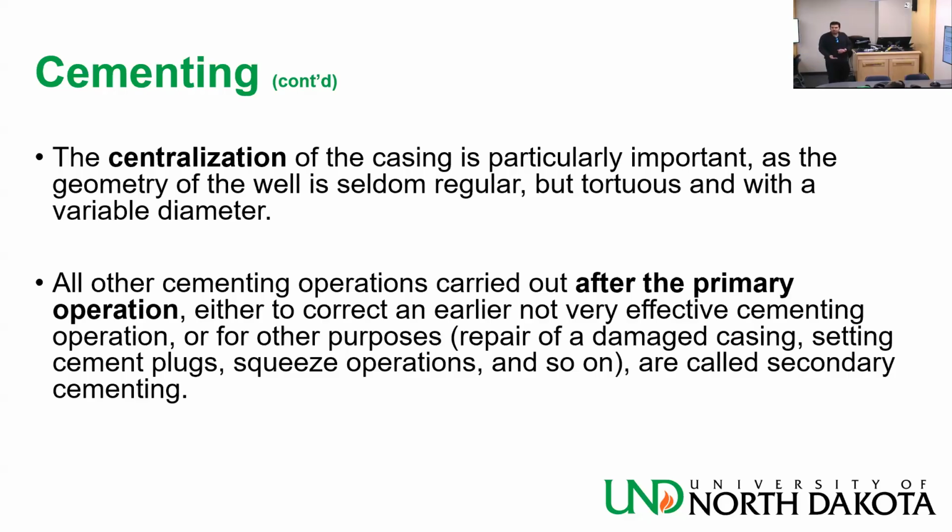Now, when you do a cement job, a company comes and does the cement job for you, the operator. You are the operator. If the cement job wasn't good and you require something like a secondary cementing, it's not the cementing company's responsibility to say if the cement job was good or not. It's your responsibility, the operator.